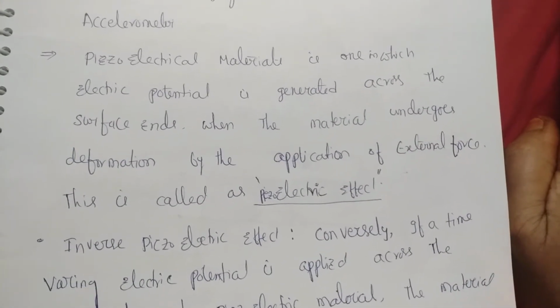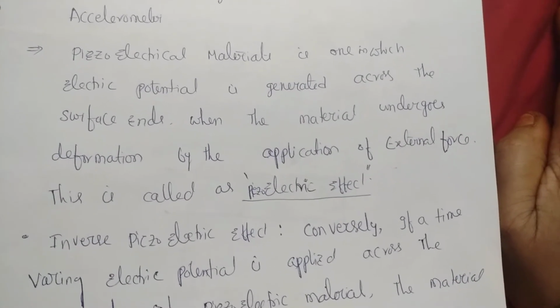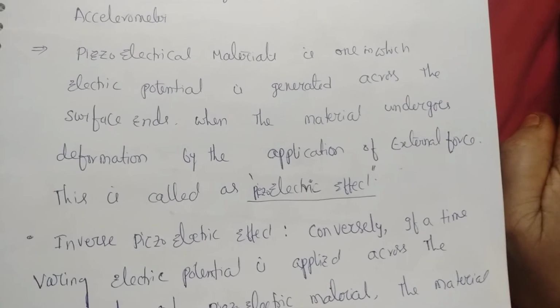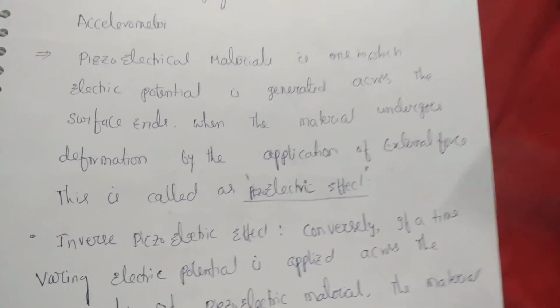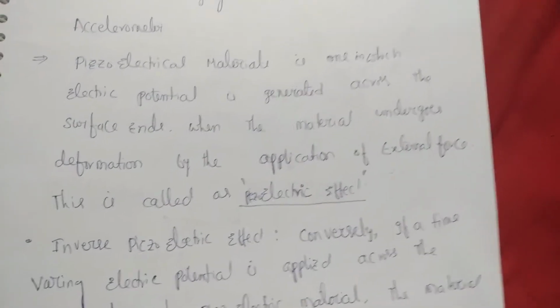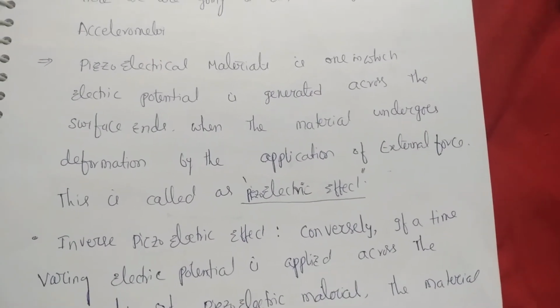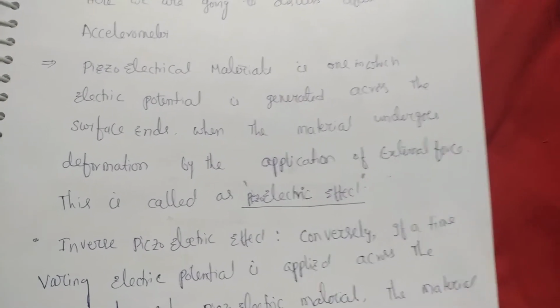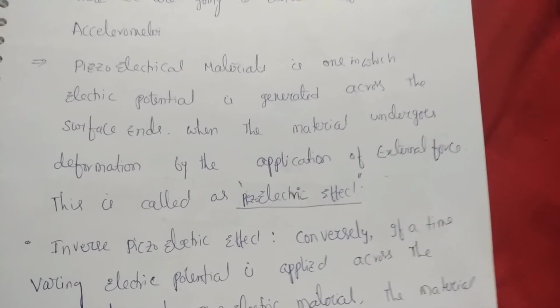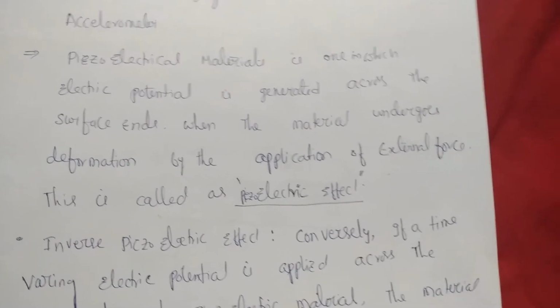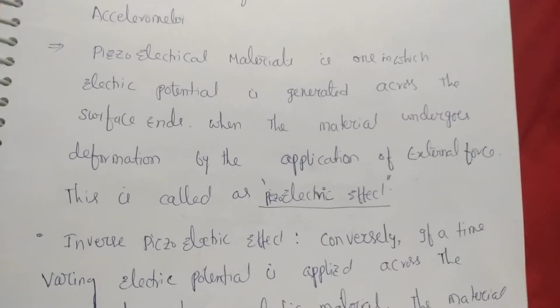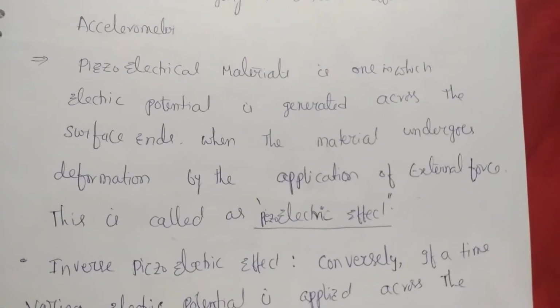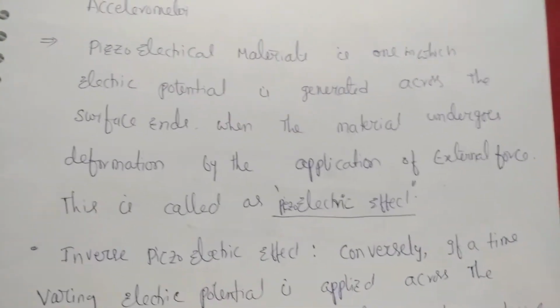When the material undergoes deformation of crystal orientation by the application of external force or pressure, the output voltage is generated across the surface of the crystal. This property we call the piezoelectric effect.